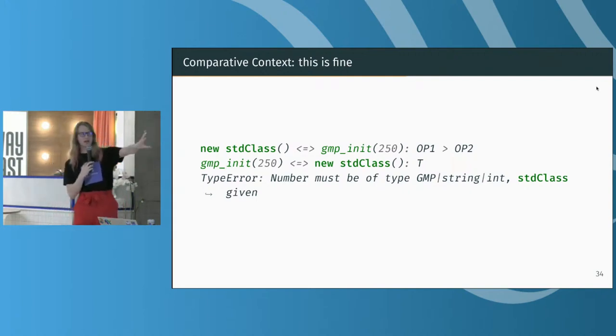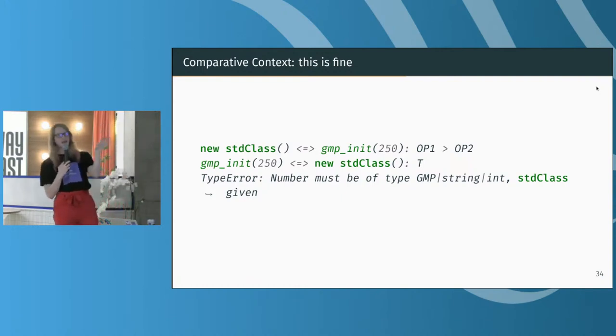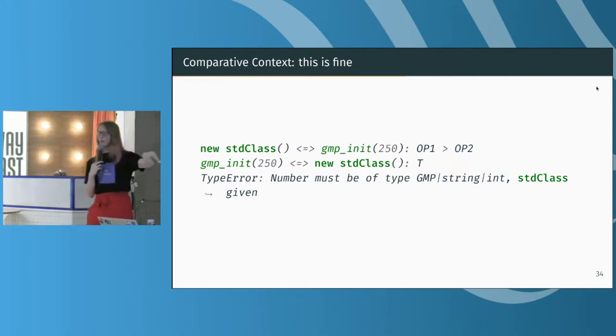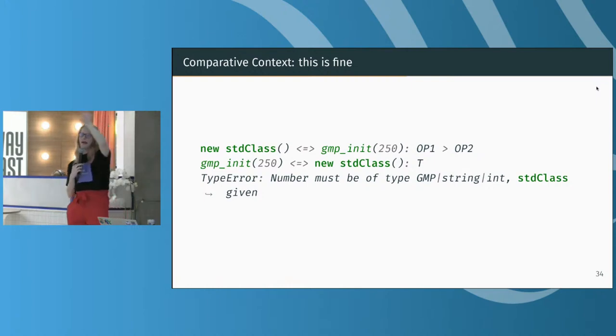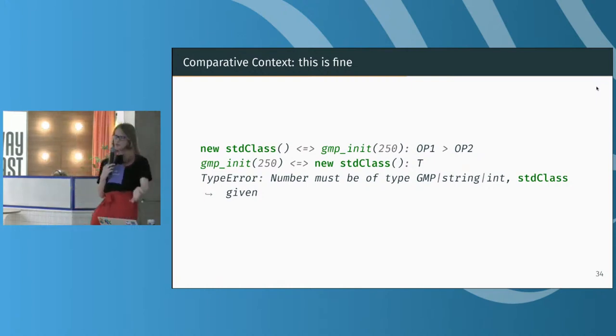If you use the class first to compare, then it gives you the, I suppose, normal semantics of being incomparable. If GMP is actually the first one, then you get a type error. The reason for this is that when you do comparisons, the first object will use its compare handler to do the comparison, and GMP is stricter than the default one.